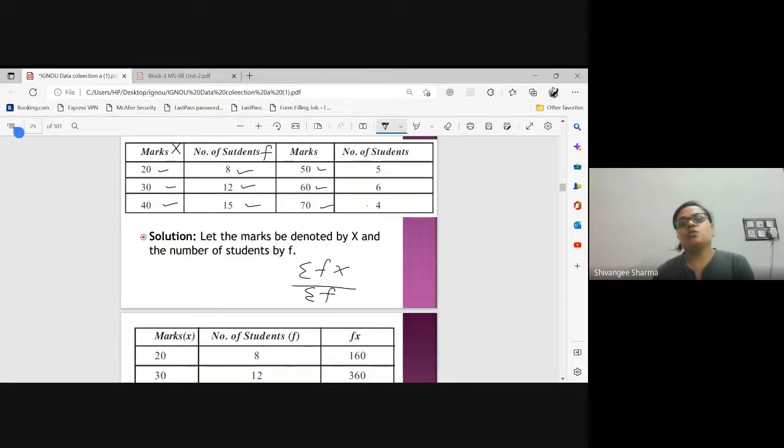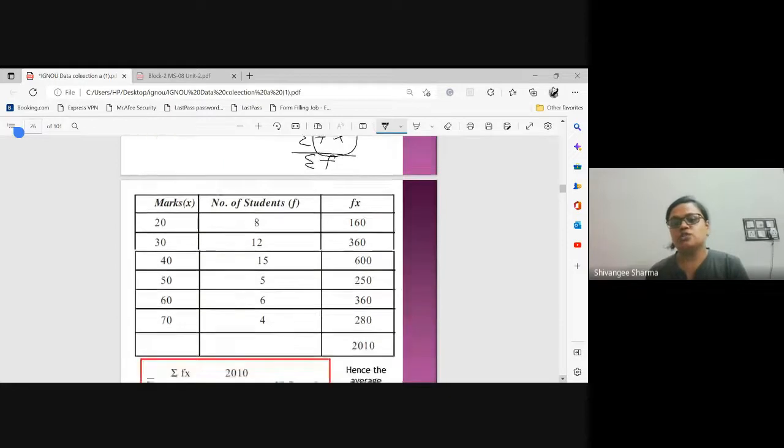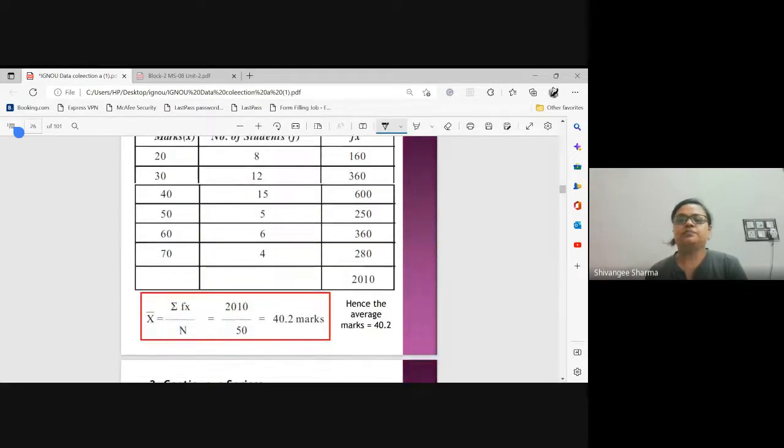Summation of f is quite clear: 8 plus 12 plus 15 plus 5 plus 6 plus 4, which is the sum of frequency. Here it is summation of fx. So first you have to find fx. Let's go with the solution table. In the third column it is fx.